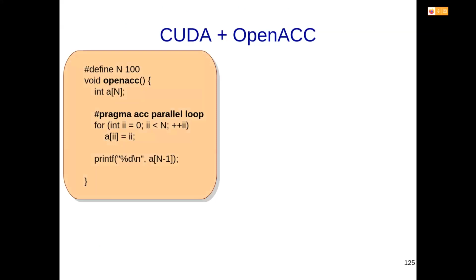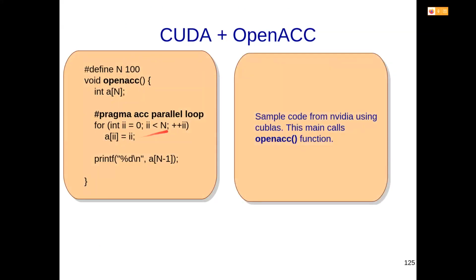Right? So how that gets done is you can write your simple OpenACC program. So again, this is one small example where we have an OpenACC function which has a certain pragma. And then there is another code which is using cuBLAS.